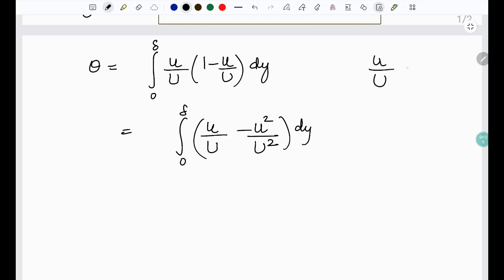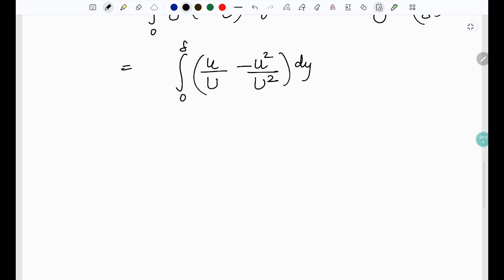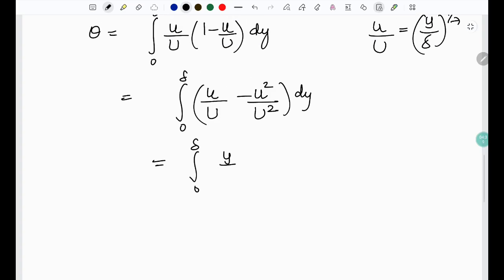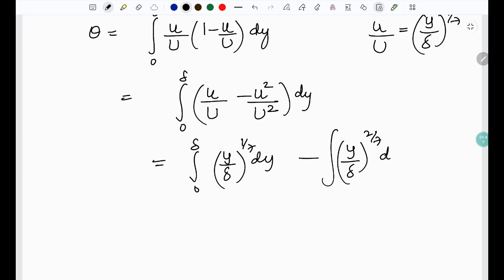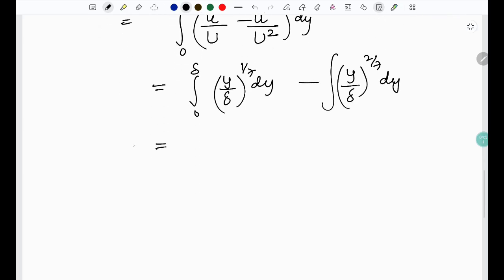And since the profile is given as power 1/7, we would have simply the integration from 0 to delta of (y by delta) to the power 1/7 dy minus (y by delta) to the power 2/7 dy.